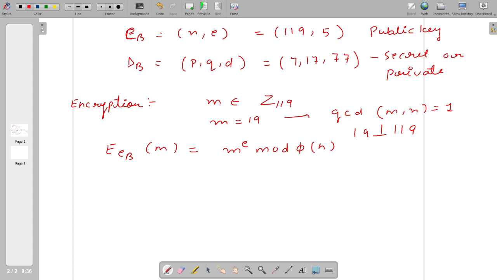It comes out to be 19 to the power 5 mod 119. You can calculate this using modular arithmetic properties, as we have already done.